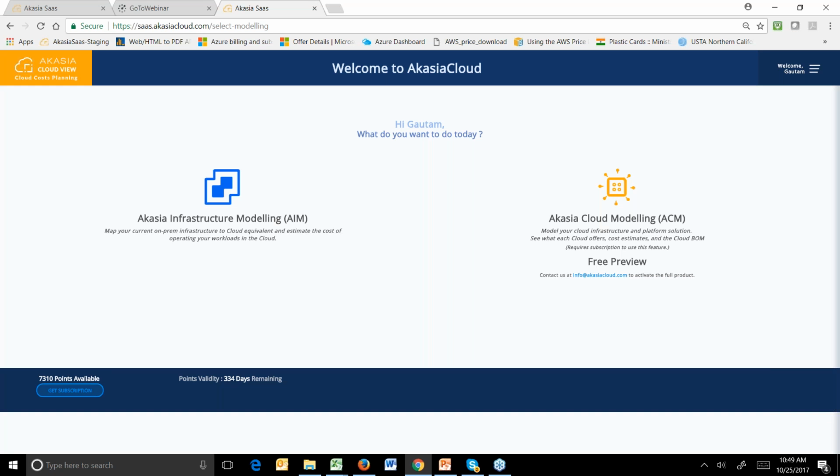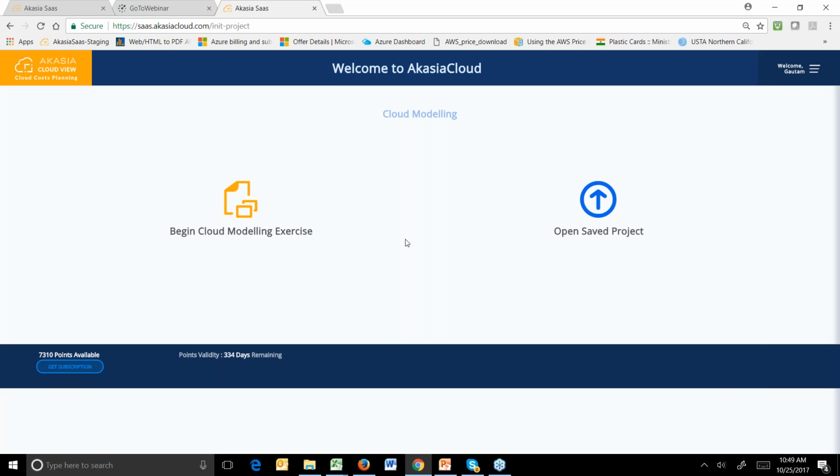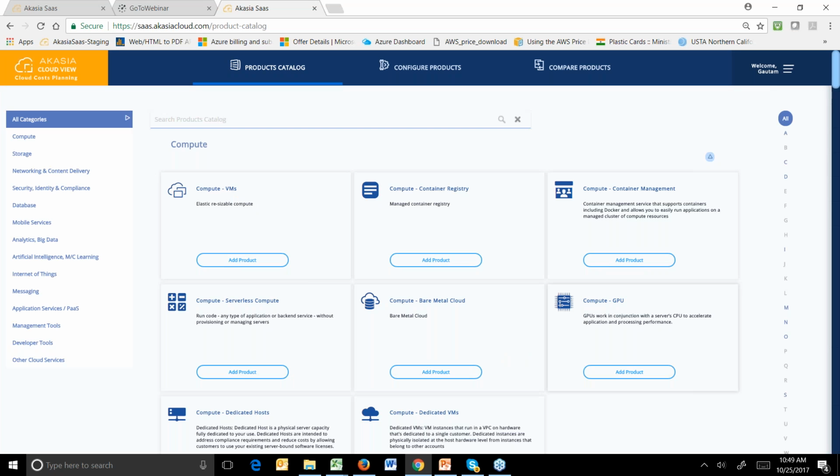Gautam, you can show us the demo of our next product, ACM, which is for new cloud deployment. Right. Thank you. So here, I'm going to start modeling my cloud modeling exercise. So what you see here is on the left-hand side, what we have done is we've collected the categories of all the services that the cloud service providers provide.